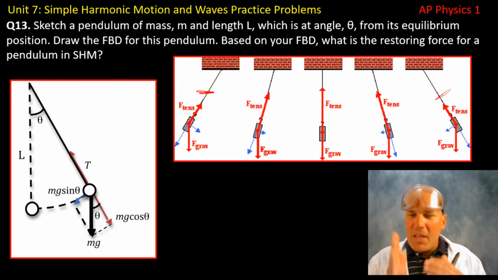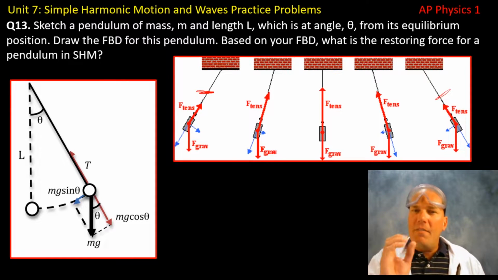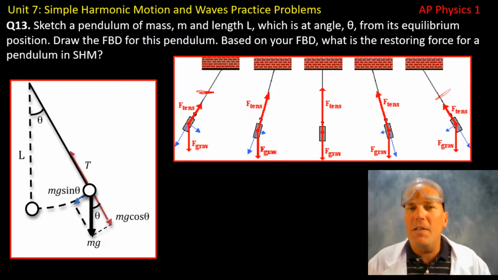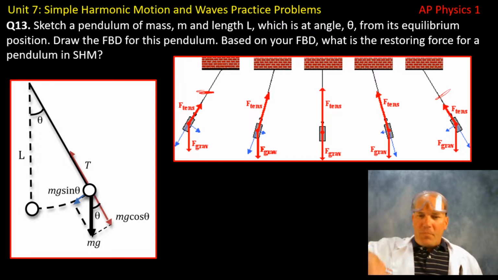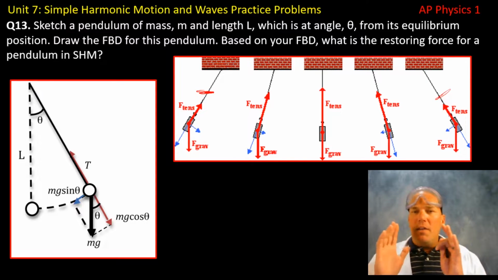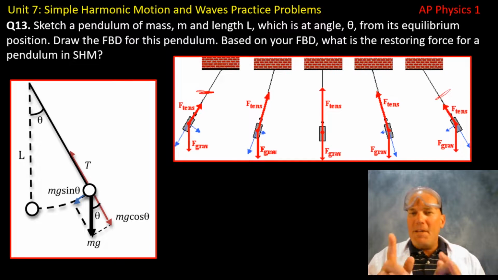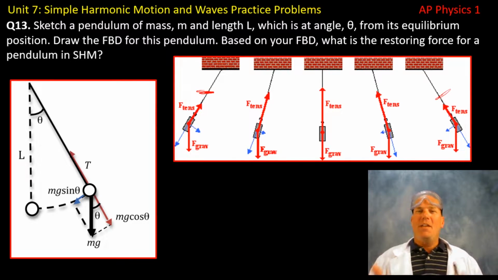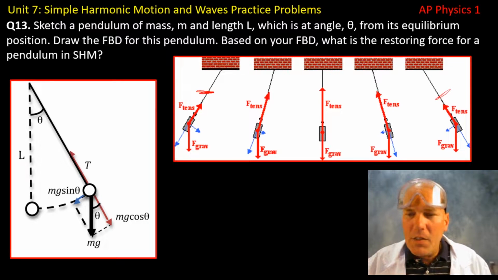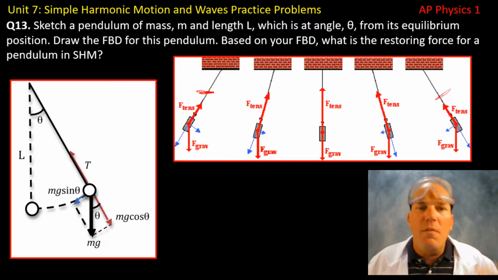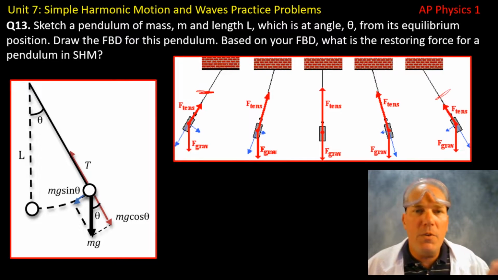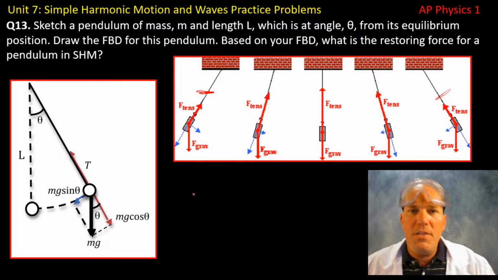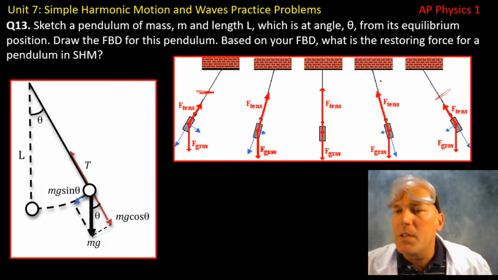In the middle, at equilibrium, we have a force of 0, therefore the acceleration tangential is also 0. I have to be careful there because there is a force acting on this object. And so that's a good representation of what's going on to really understand the motion of a pendulum in simple harmonic motion.